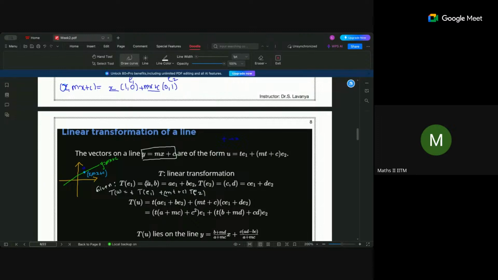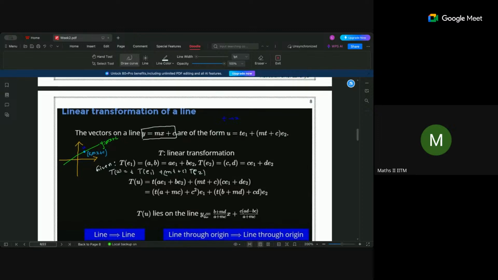Now T of e1 and T of e2 are written here, and after some calculations you end up getting this term. So this is the coefficient of e1 and this is the coefficient of e2. So T of u now lies on this particular line here.